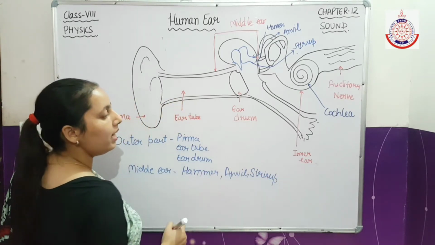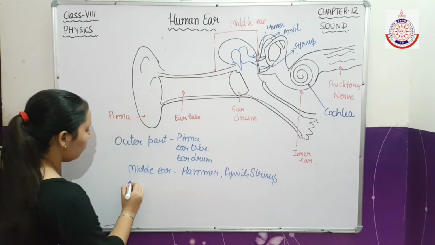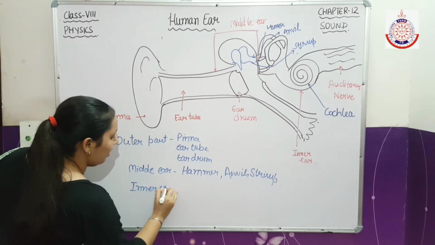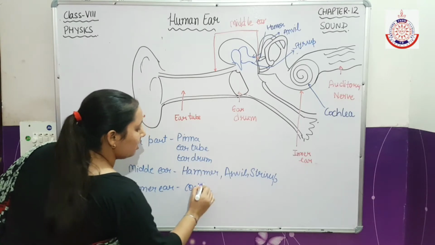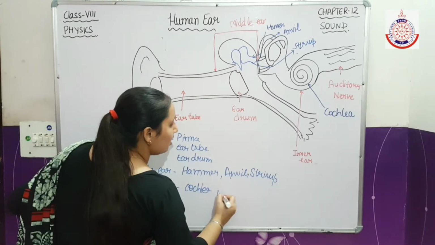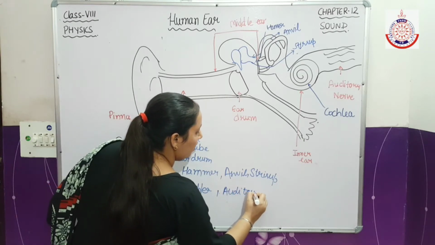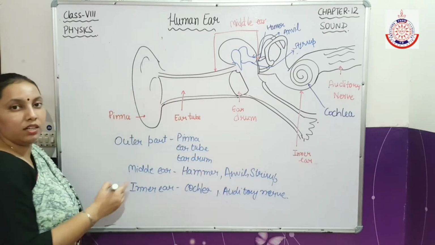And the last part of the ear is the inner ear. It consists of cochlea and auditory nerve.